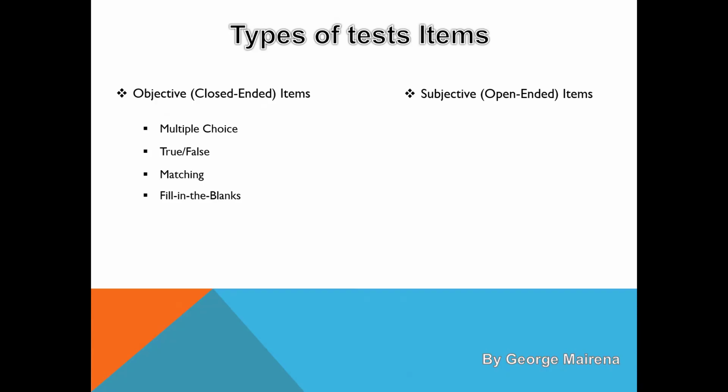Also, we have true or false. You read a statement, and based on your background knowledge, you have to answer if it is true or false. Most of the time, when the statements are false, we need to justify why, right? Matching, folks, it could be like matching the word with its definition, okay, or based on the reading.